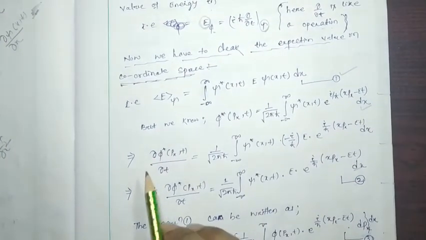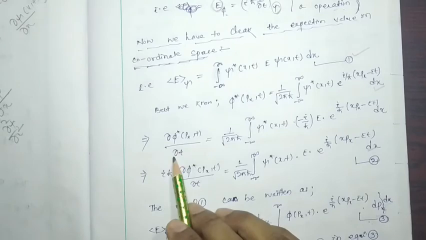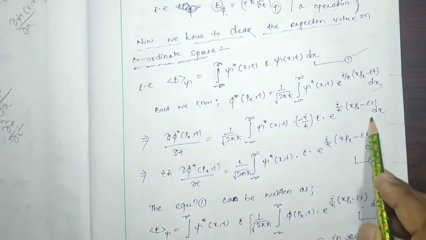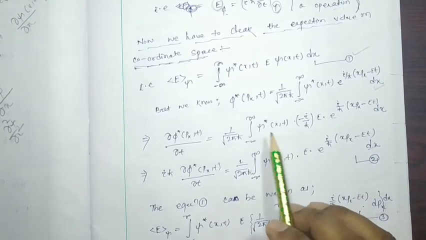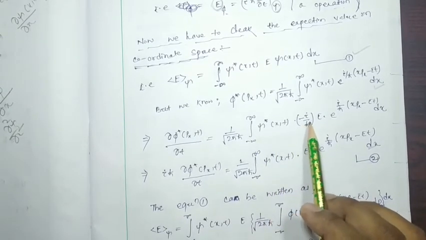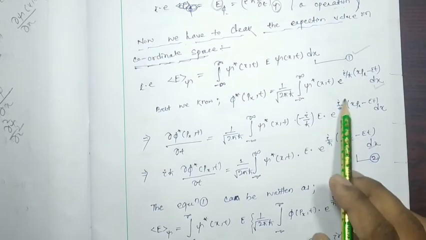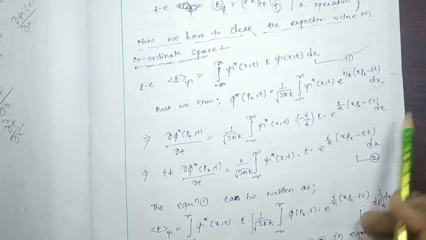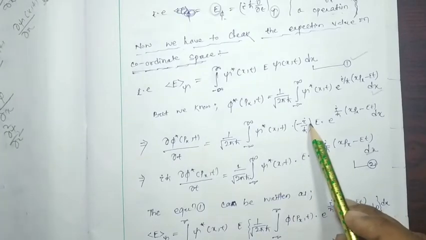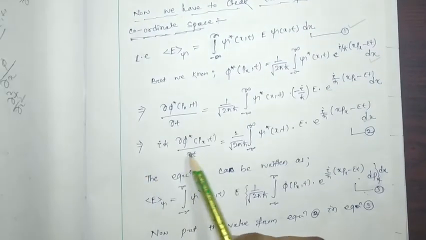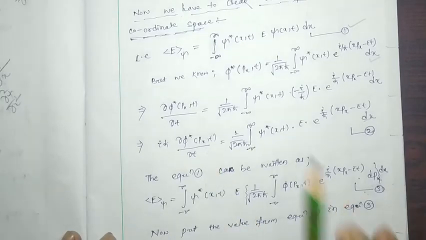So del phi star p x t by dt will be this much. Psi star x t, minus i by h cross, e to the i by h cross x px Et dx. So if we take minus i h cross from this side to the left side, it will be like this. You can pause the video and write.